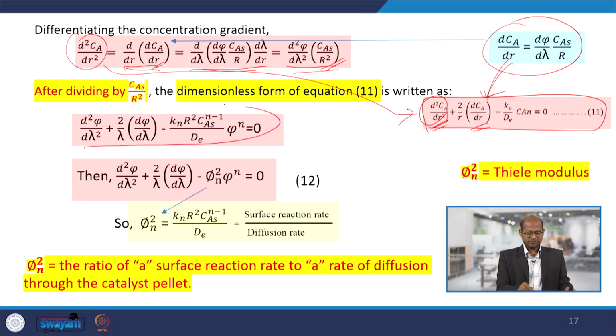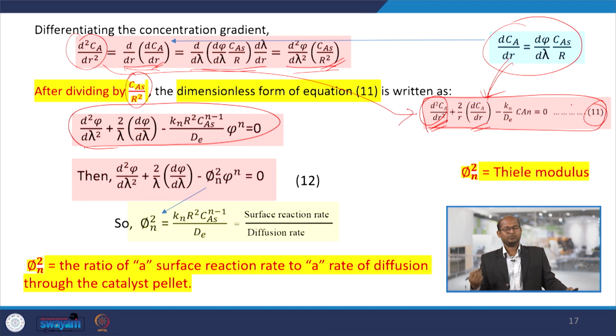After substitution and dividing both sides by Cs by R square, equation 11, the second order differential equation, is expressed in dimensionless form. The boundary conditions are also expressed in dimensionless form, and then we have to solve that.